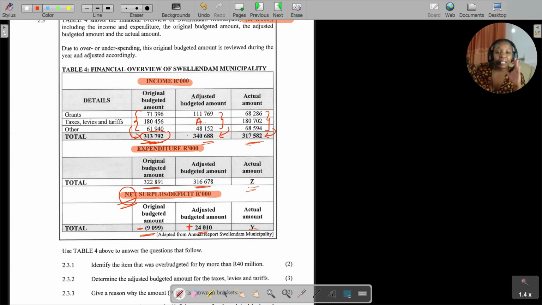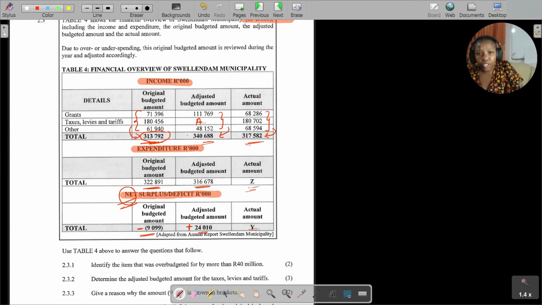Income minus expenditure will give us either a net surplus, meaning a positive, or a deficit, where it's a negative, to indicate that there's a shortage in that department.